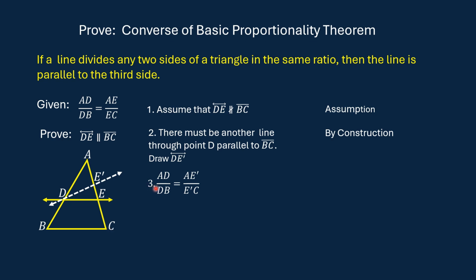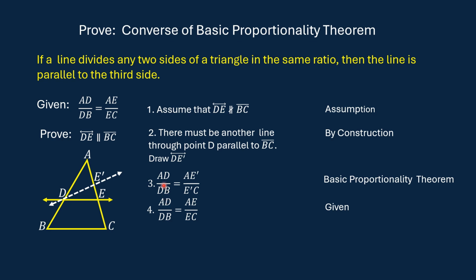So we can say that AD over DB is equal to AE prime over E prime C by basic proportionality theorem. But it is given that AD over DB is equal to AE over EC. This is given.